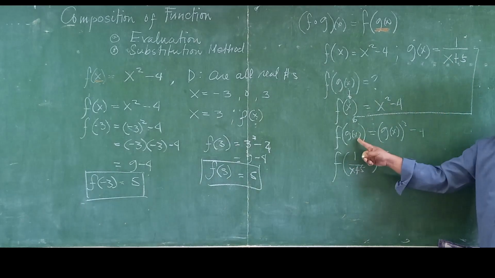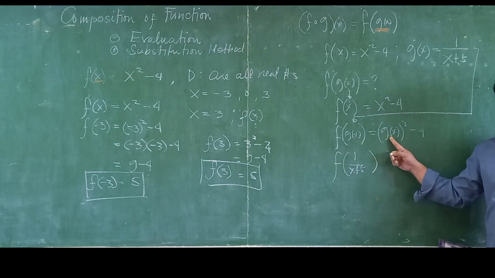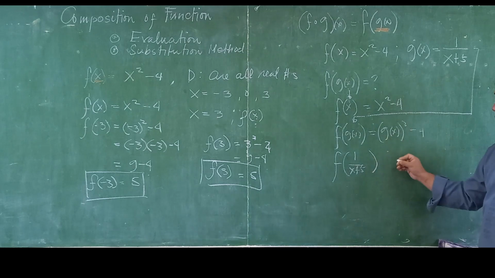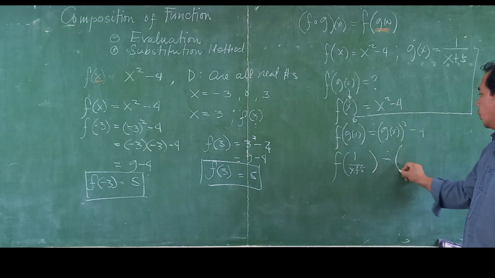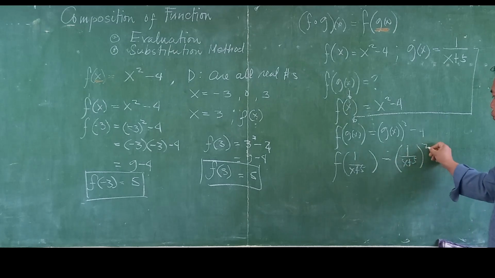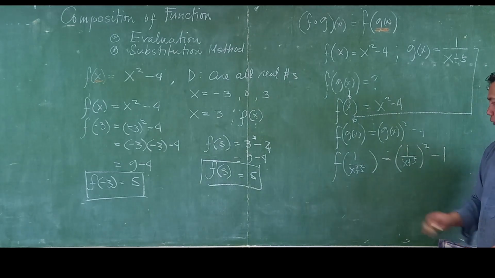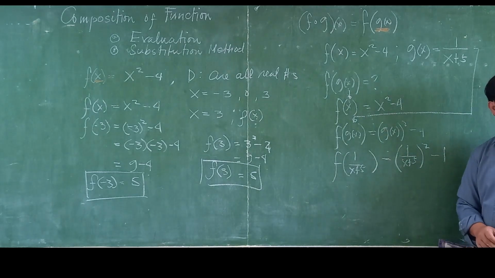We have already replaced the g of x. What will you do here? Replace it also. Substitute. So meaning to say, what will you use? That is 1 over x plus 5 raised to 2, minus what? Minus 1. So after that one, that's the time you're going to evaluate.